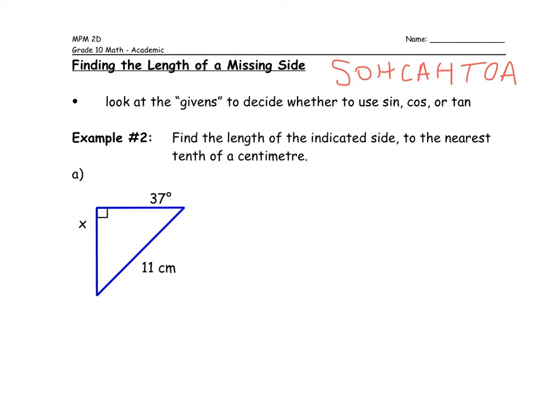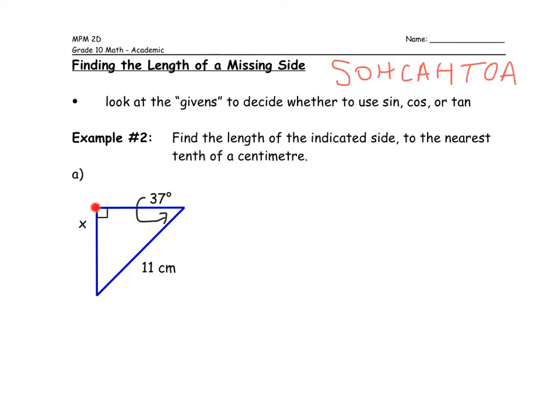When we look at our sine, cosine, and tangent ratios, SOHCAHTOA helps remind us which sides are involved in creating the appropriate ratio. So I have a triangle here, and this 37 degrees belongs in this angle right here. In this particular example, I am looking to figure out the value of x.